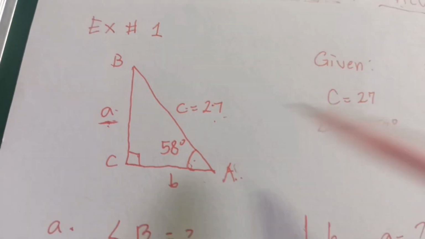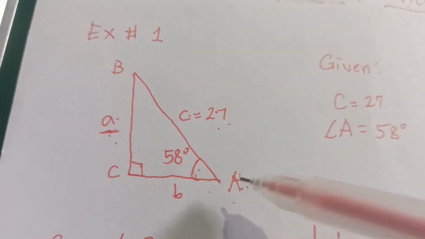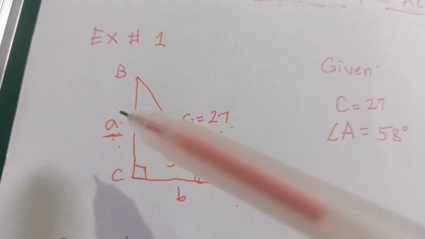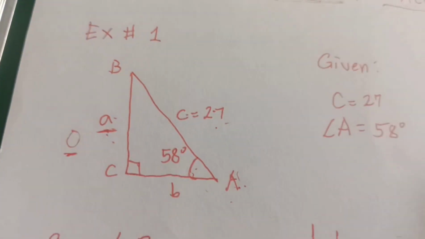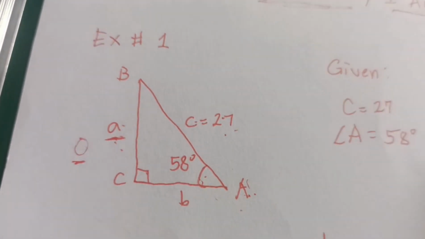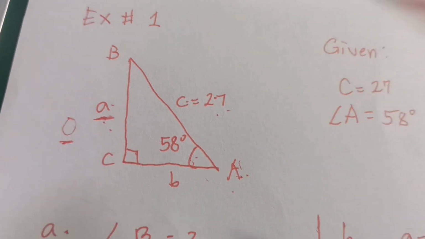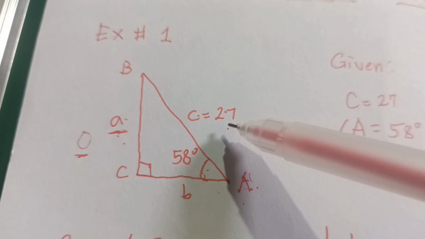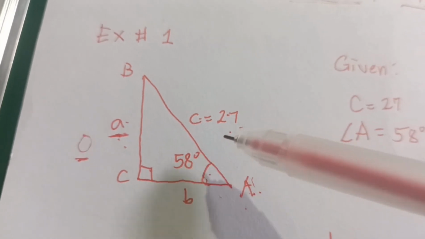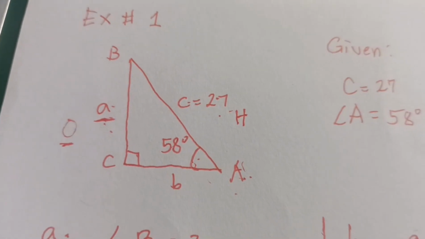Now, what do you think is the relationship of side A to the angle A? They are opposite to each other. So, therefore, the relationship is opposite. Next, what do you think is the relationship of A to C? We all know that C is the longest side and that is our hypotenuse.